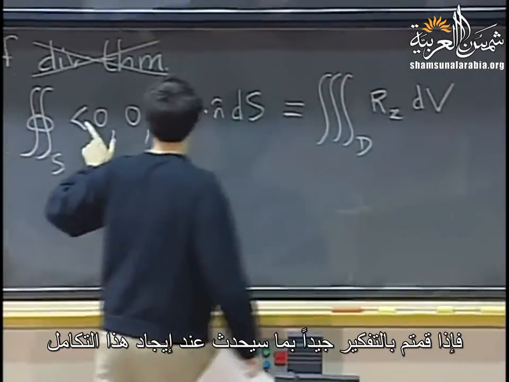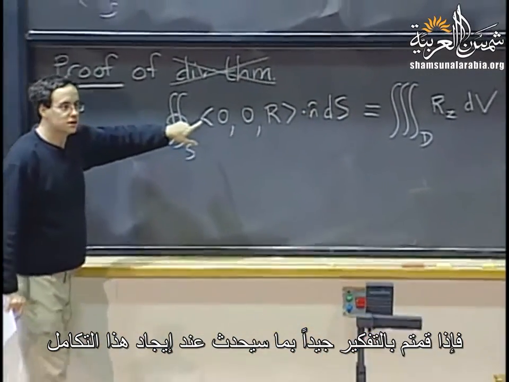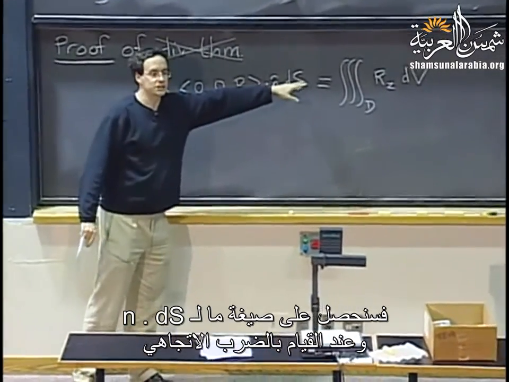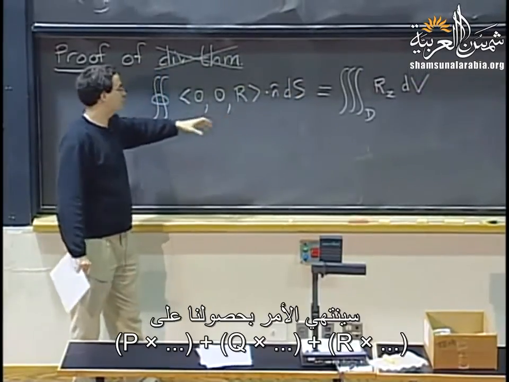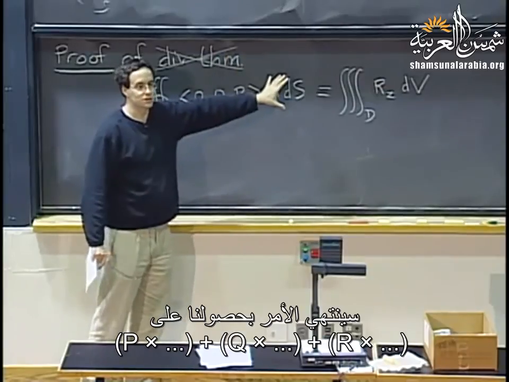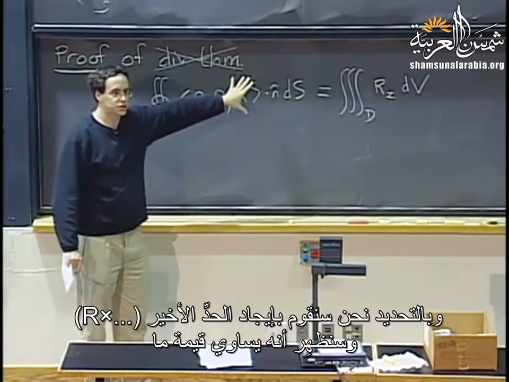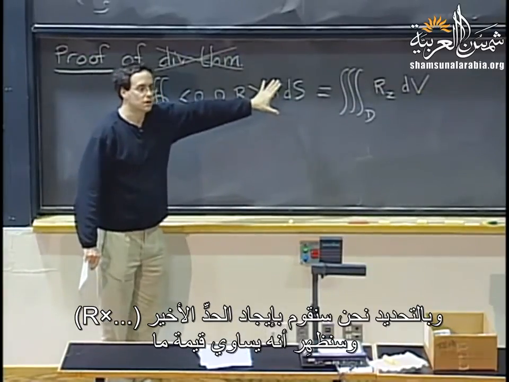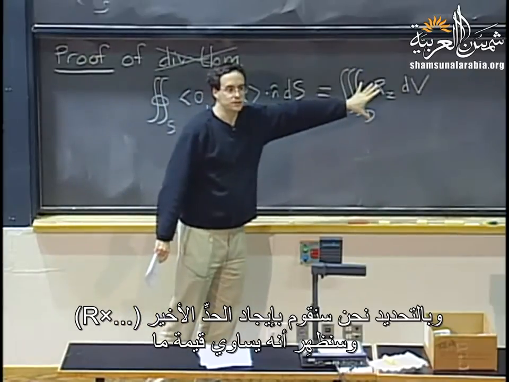So if you think carefully about what happens when you evaluate this, you'll have some formula for n dS, and when you do the dot product, you'll end up with a sum: p times something plus q times something plus r times something. Basically, we're just dealing with the last term, r times something, and showing that it's equal to what it should be.